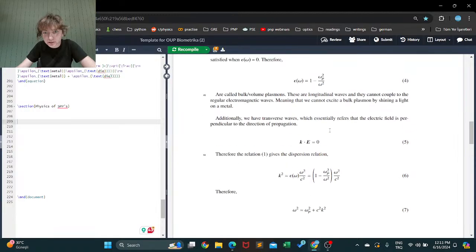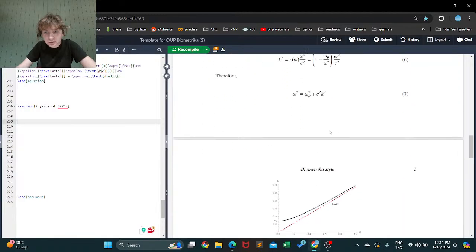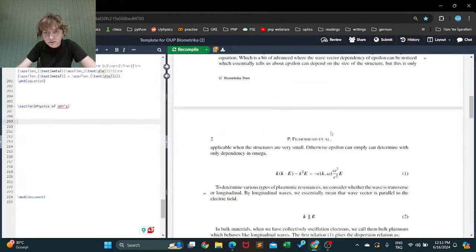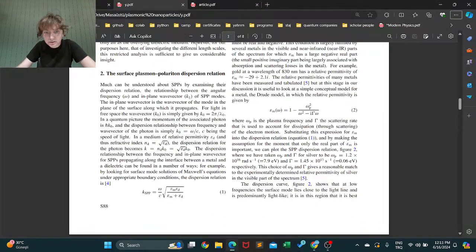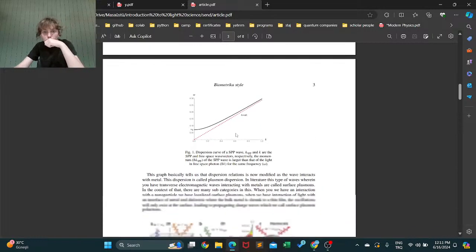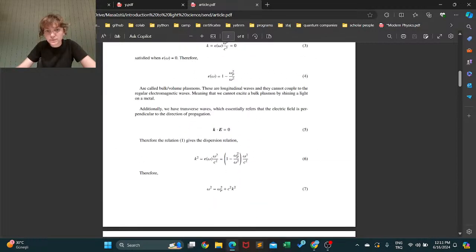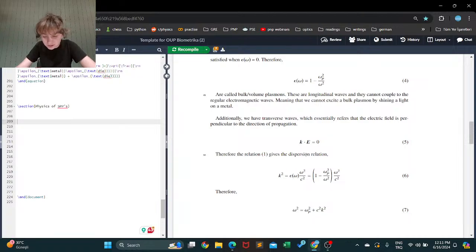Where did we define the... oh, where is it? I got deleted. I was looking for this plasma frequency. It's this relation right here.